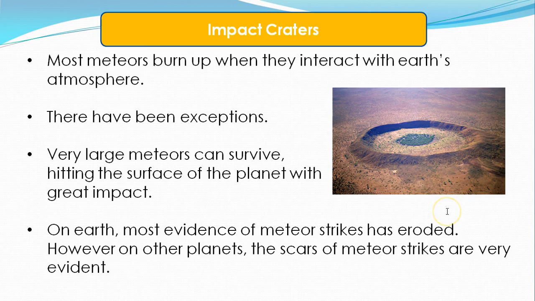Most meteors burn up when they interact with Earth's atmosphere, but there have been exceptions, and very large meteors can survive hitting the surface of the planet with great impact. On Earth, most evidence of meteor strikes has eroded. However, on other planets, the scars of meteor strikes are very evident.